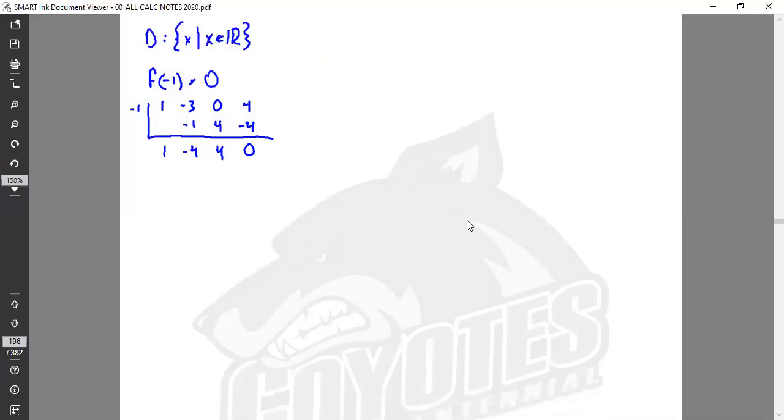So therefore, what can we conclude? Therefore, f of x is equal to x plus 1 is what we've factored out. And what does it leave us behind with? It leaves us behind with x squared minus 4x plus 4, which we know is x plus 1 times x minus 2 squared.